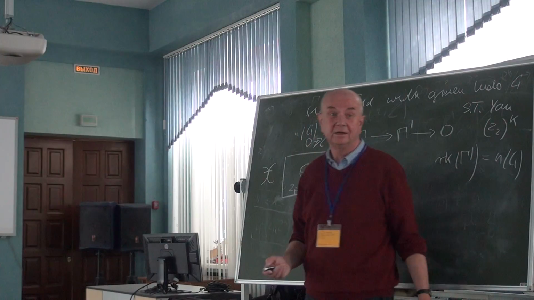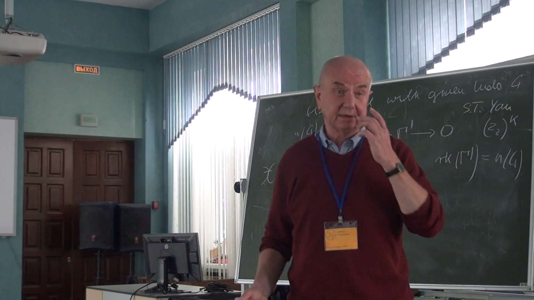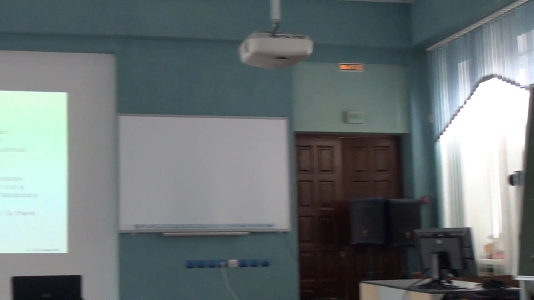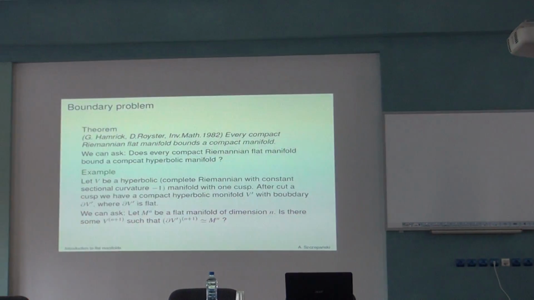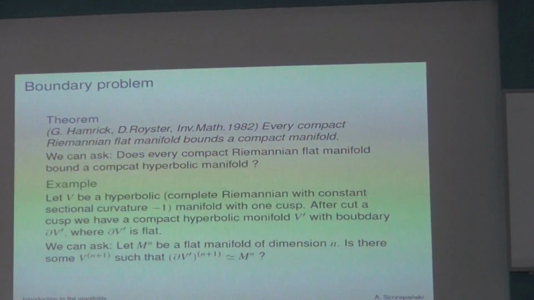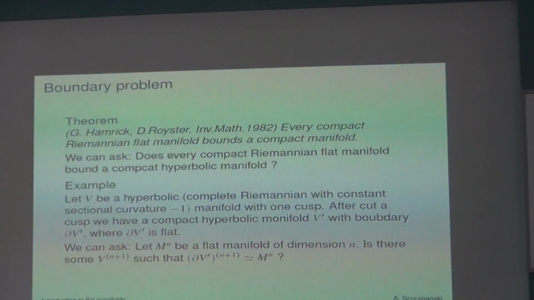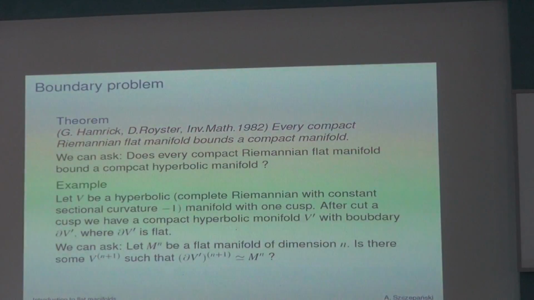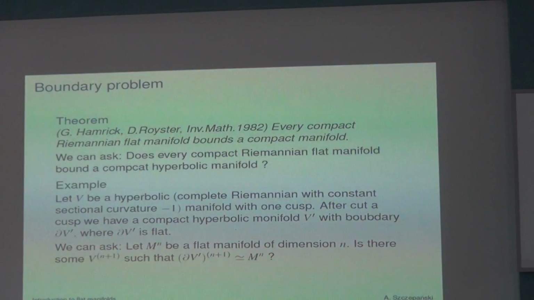Excuse me, what about the Klein bottle? The Klein bottle is not oriented. Do you know the three-dimensional Gieseking manifold? But what about the theorem? Compact, flat? Yes. Do you need orientation in the theorem?